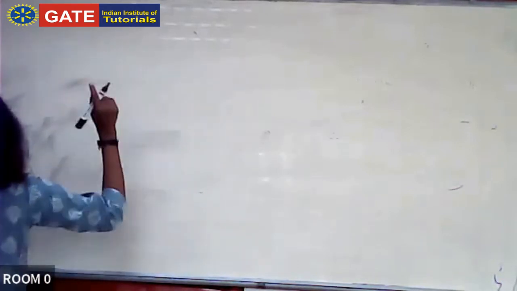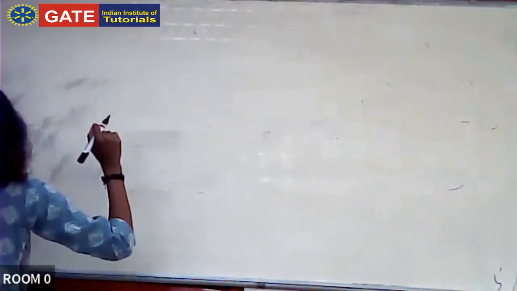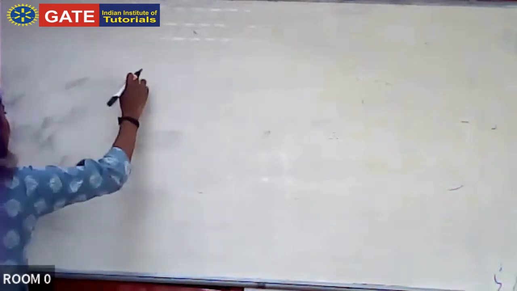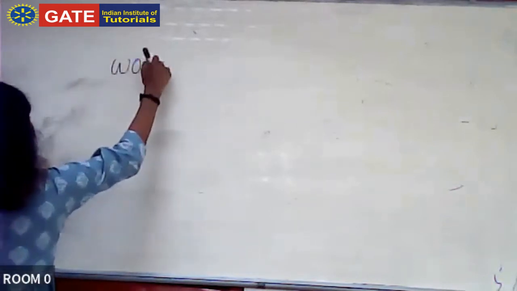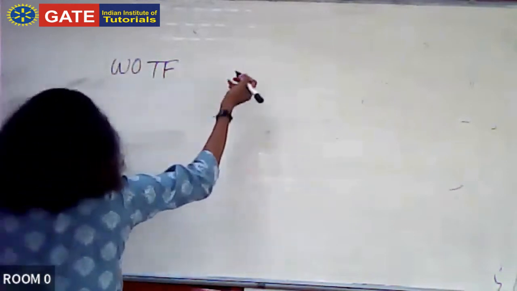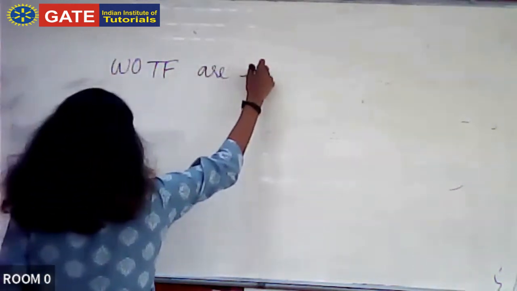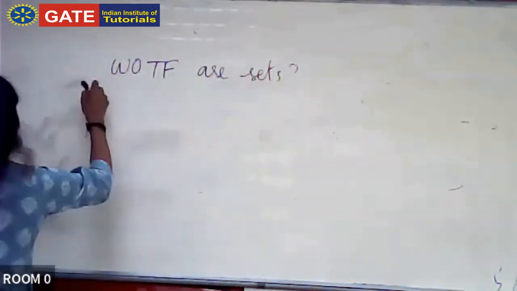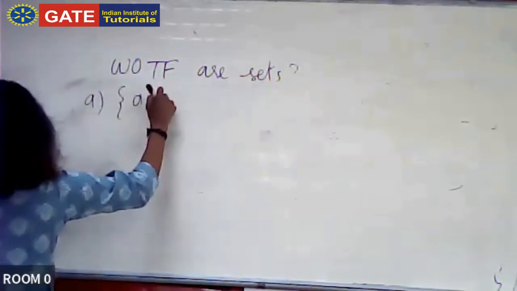You can see this question. This was one task in the TIFR exam. It is a very easy, basic question, but many students got it wrong. Which of the following are sets? Option A, {A, B, C}.